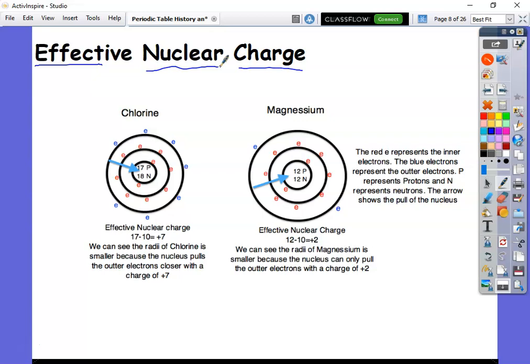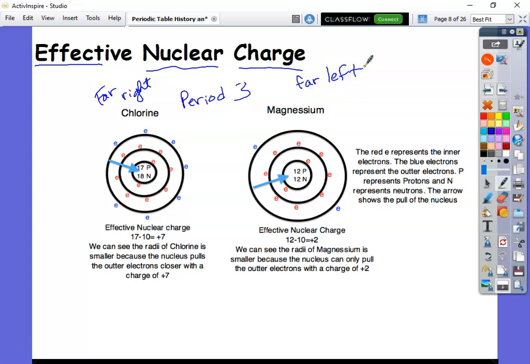So here we have two elements, for example, chlorine and magnesium. Chlorine and magnesium, if you look at the periodic table, are both in period 3. But chlorine is on the far right of the periodic table in that row, and magnesium is on the far left.